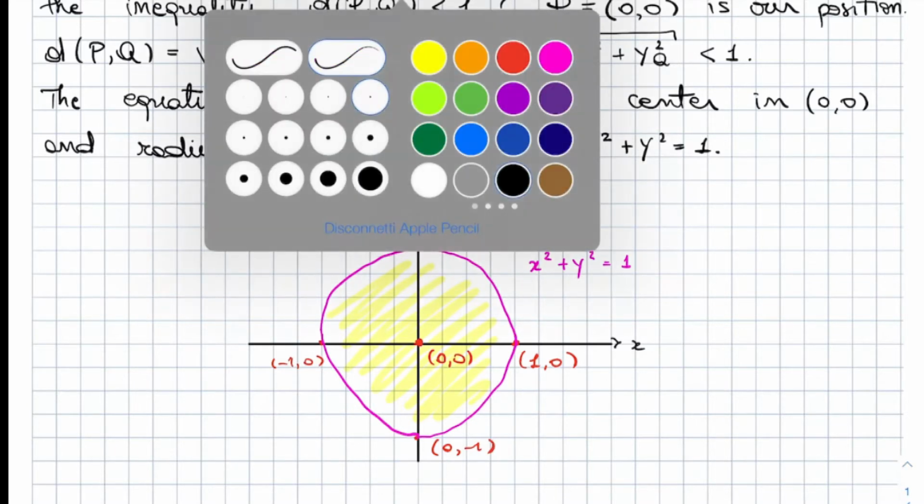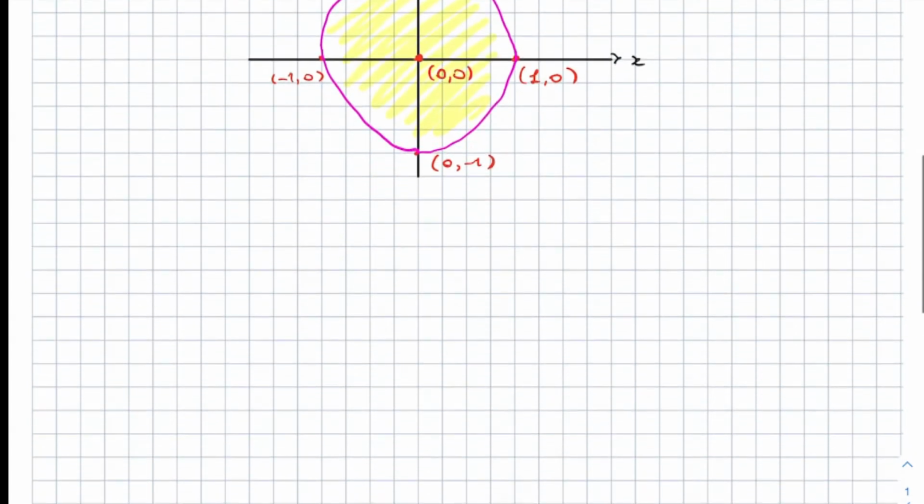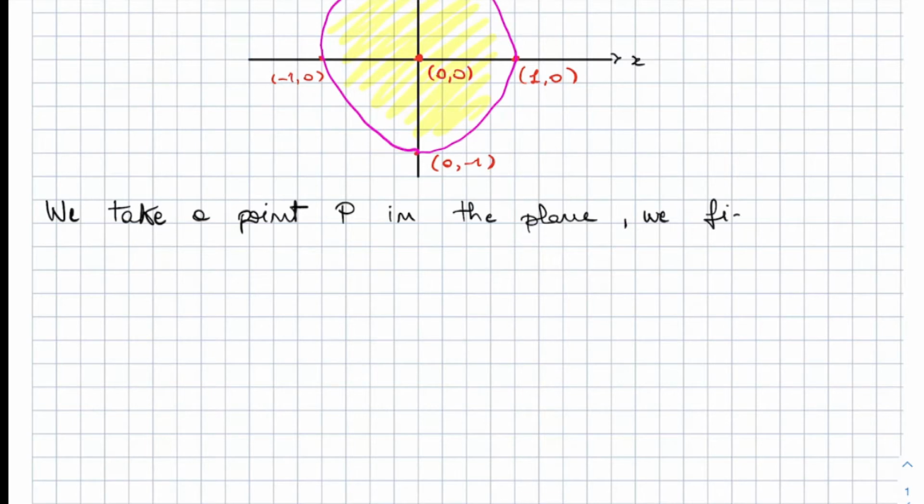This is a general construction we can perform when we are in a situation in which we have a distance. Say we take a point P in the plane, that in this case doesn't have to be (0,0), as in the previous example, and we fix a radius r, which is a positive real number.